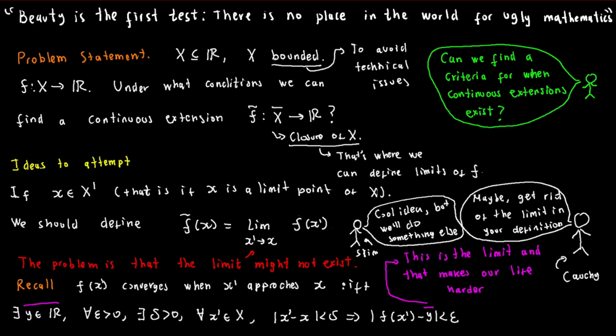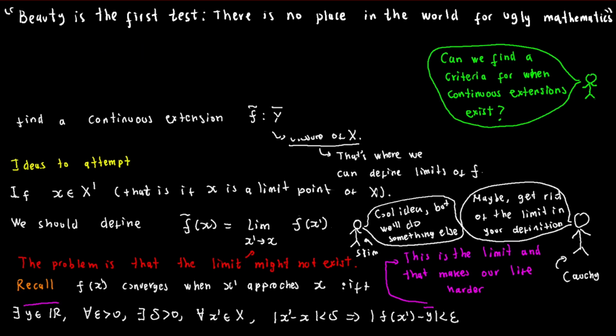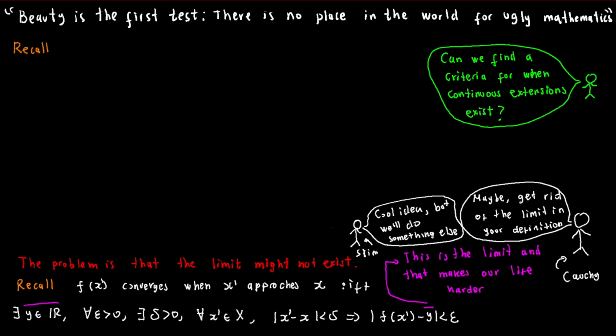When one is stuck doing mathematical research, it can be useful to make a list of all equivalent statements in the hopes that one of them will shed some light on the problem. In this case, we might recall that the limit of a function at x exists if and only if there exists a point y such that for every sequence x_n converging to x, the limit of f of x_n converges to y.